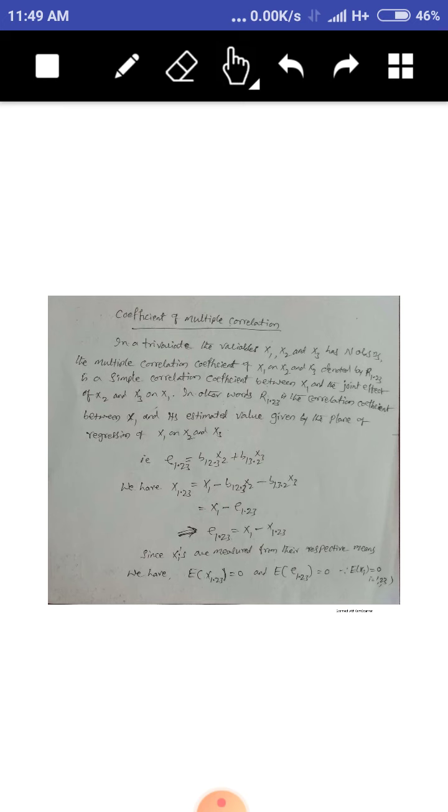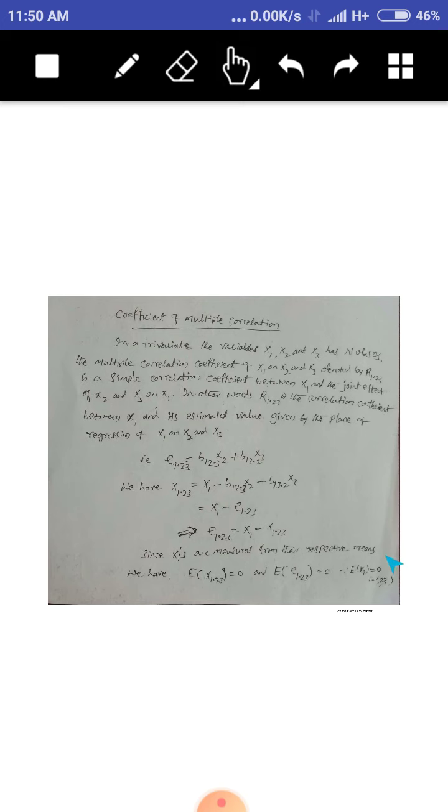That is, E1.23 is given by, we know the formula, B12.3 x2 plus B13.2 x3, where x1.23 is x1 minus B12.3 x2 minus B13.2 x3, or that is equal to x1 minus E1.23.